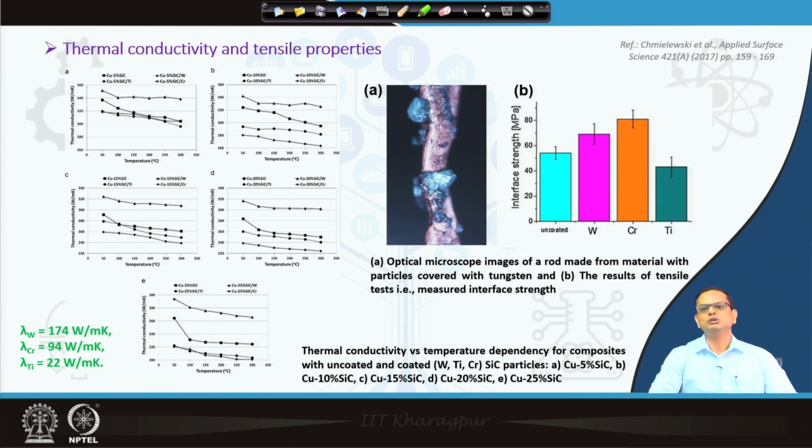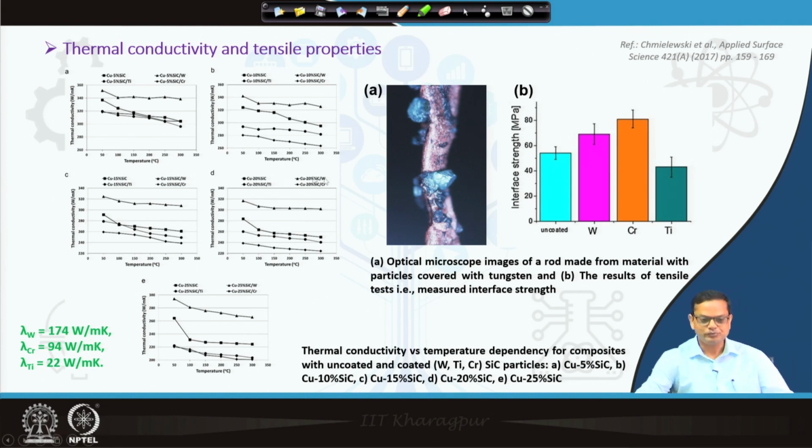But in the cases where you have chromium or titanium, the decrease in thermal conductivity is even more compared to tungsten, and that is why this gap is increasing as there is an increase in the SiC amount.